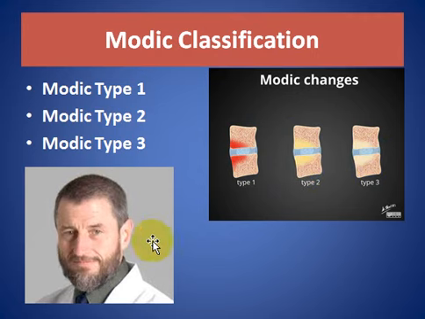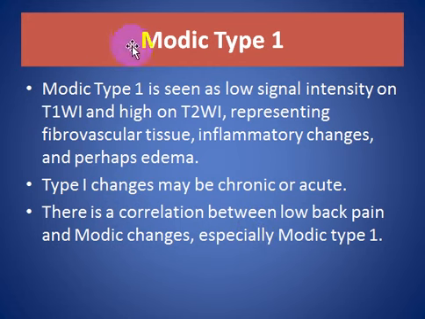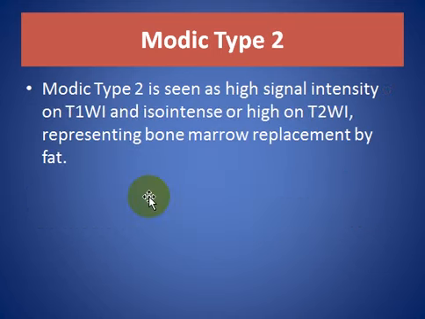Type 1 represents fibrovascular changes in the subchondral bone marrow with edema and inflammation. It is acute degenerative changes, and it is associated with pain, and the patient has high signal intensity in T2 and low signal intensity in T1.